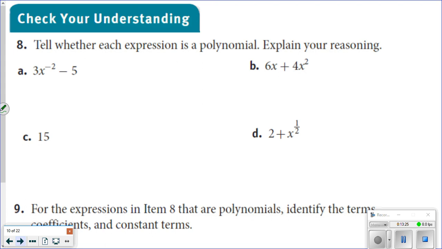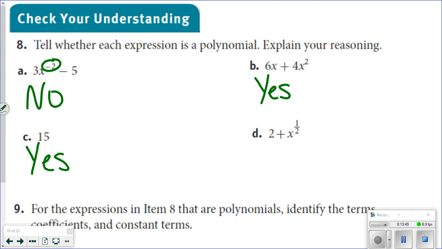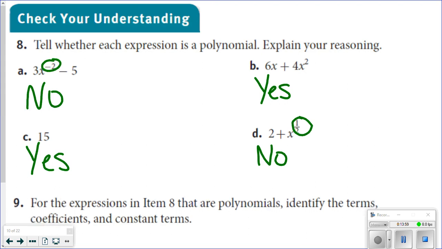So 8a, no. And to explain my reasoning, I'm going to circle the negative 2 because we cannot have a negative exponent. Letter B, yes, this one's good. C, that one works. D would be no, and I'm going to circle the exponent of 1/2. That does not work.